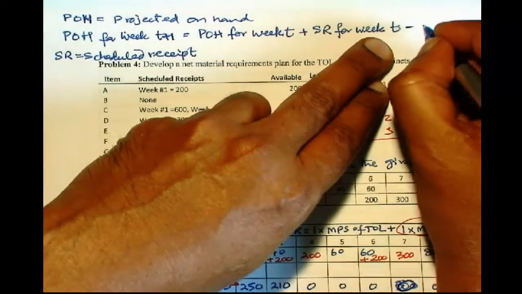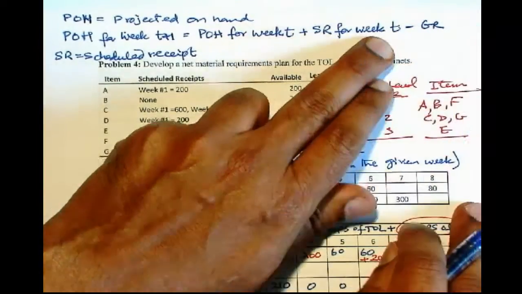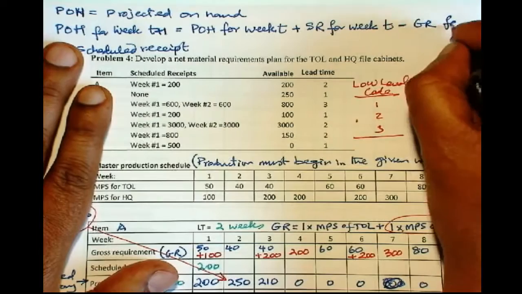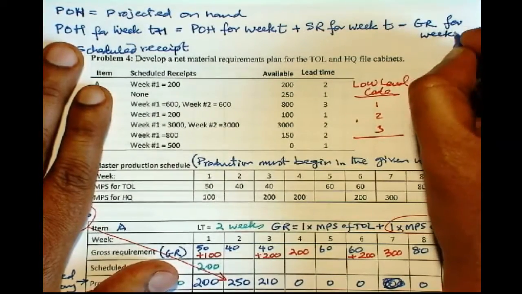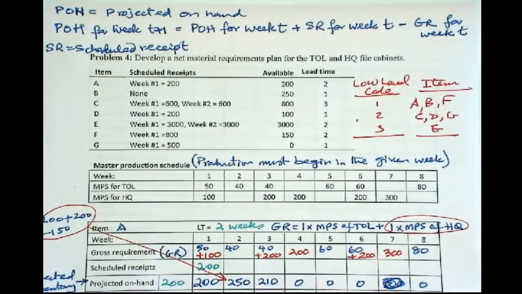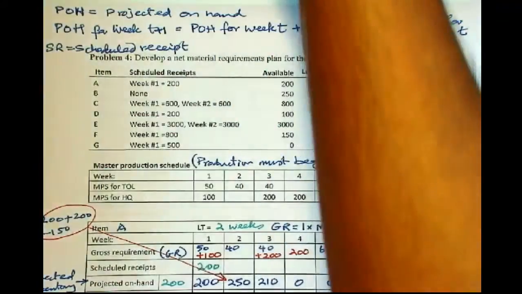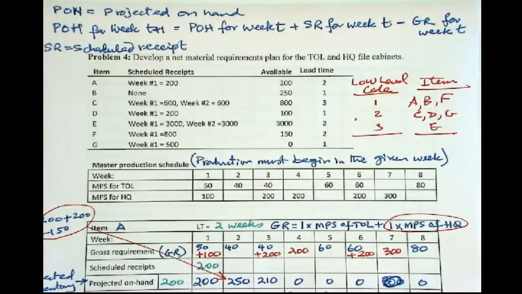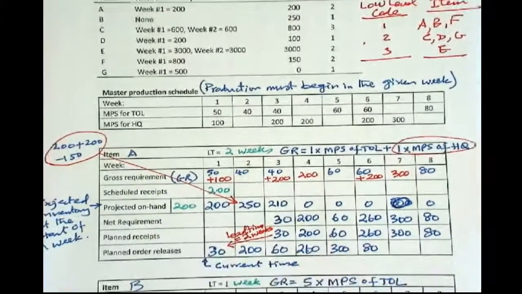Minus GR, which we have already defined as gross requirement, GR for week T. So what is available, what is coming in, what is going to be taken out, that's your projected on hand for the next week. That's the formula.